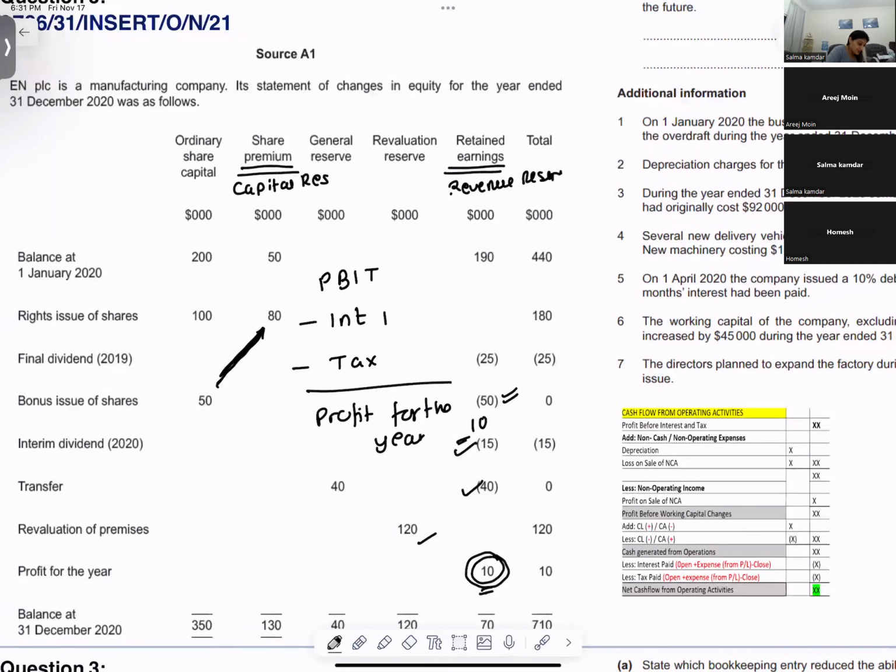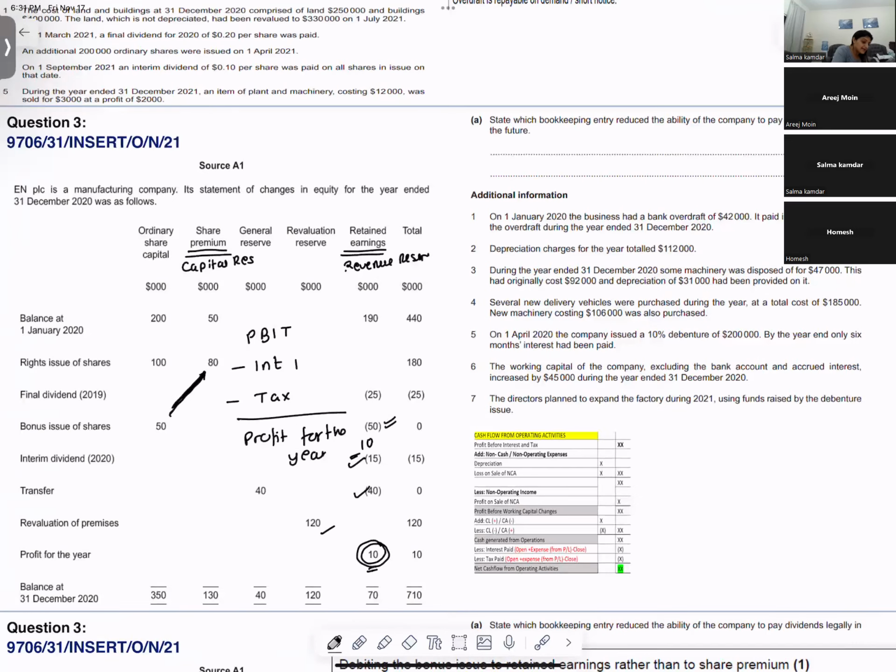So I have read this question up till here, and I have this first question which is telling me to state which bookkeeping entry has reduced the ability of the company to pay dividends legally in the future. Which entry has reduced the ability of the company to pay dividends in the future?